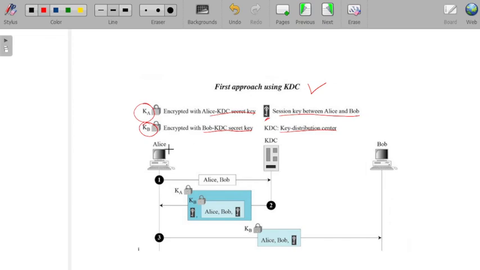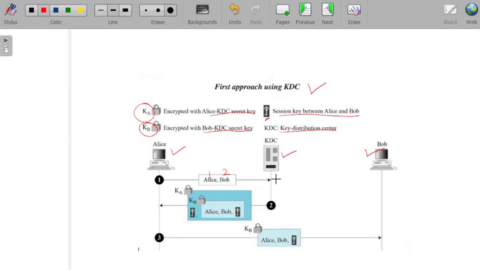We have two users, first Alice and second Bob, and there is one KDC, that is the key distribution center. What is the first step? In the first step, Alice will send user 1 and user 2, that is Alice, comma Bob, to the key distribution center.